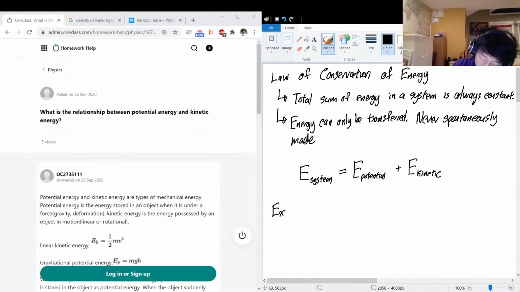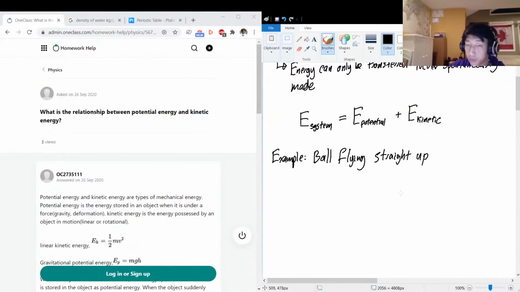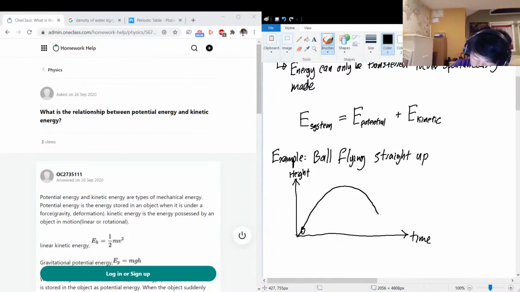So example, ball flying straight up. It's going to follow a path like this. So if here we have height, and here we have time, we know that it's going to follow a parabolic trajectory.